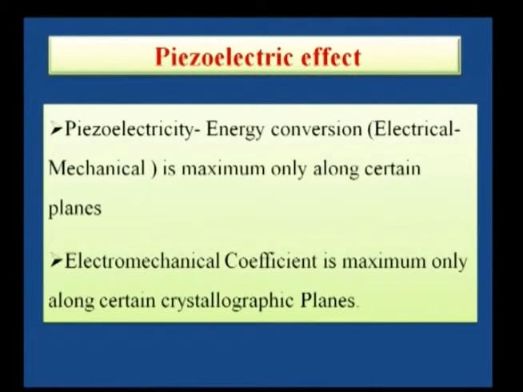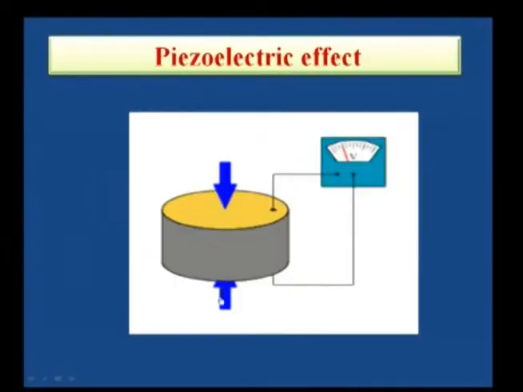Now, we will pass on to the piezoelectric effect. The piezoelectric effect was observed by Pierre Curie, the husband of Madame Curie. Piezoelectricity is conversion between electrical energy and mechanical energy. You take a piezoelectric material, you apply pressure.